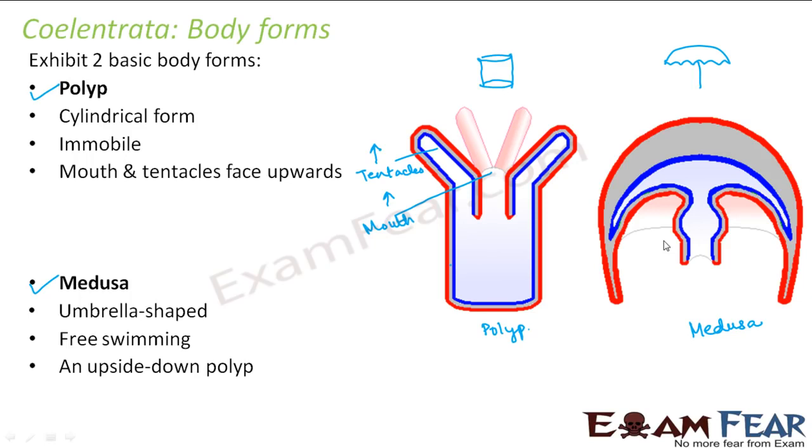It is a polyp, because of that cylindrical structure which we see. Now looking at the examples, you can identify which exists in polyp form and which in medusa form. Hydra is an example of polyp and jellyfish is an example of medusa.